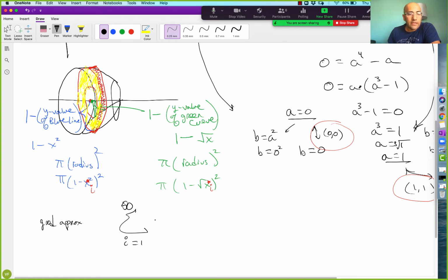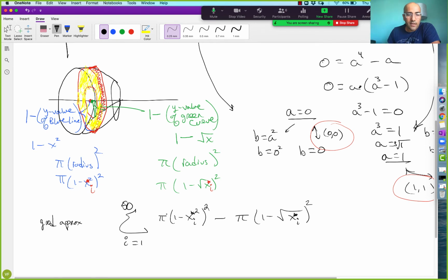And then the volume of each washer is going to be equal to pi times (1 minus x sub i star squared), and the whole thing squared. That gives you the volume of the coin minus the hole, which is going to be pi times (1 minus root x star sub i), the whole thing squared.